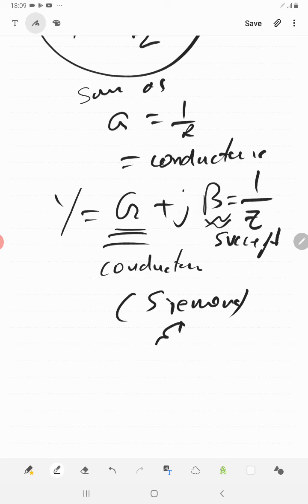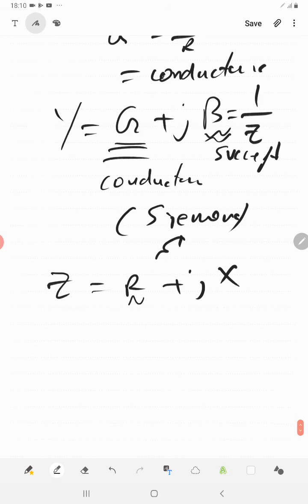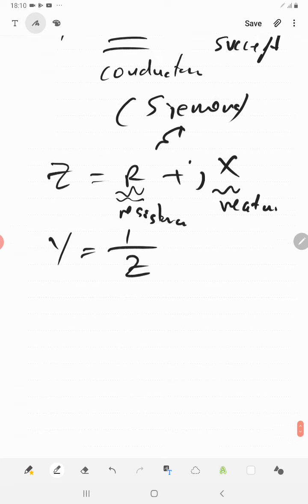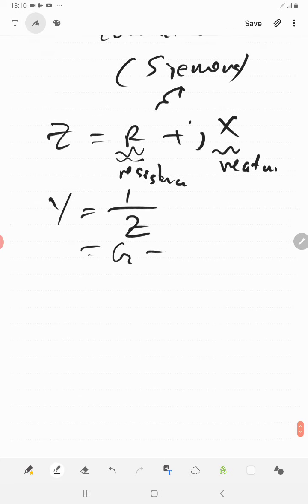Impedance has the form R plus jX. So here is resistance and here reactance. While Y equals 1 over Z will give you G plus jB. So here is conductance and here susceptance.